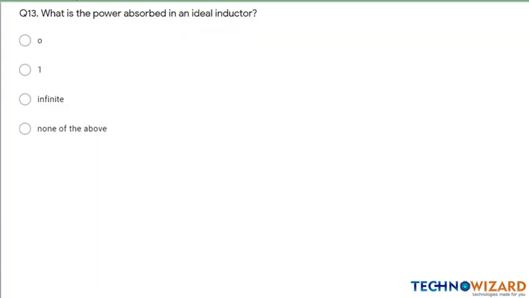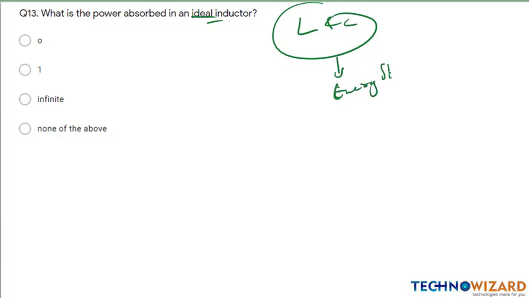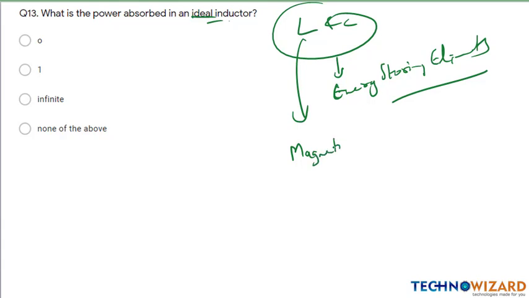Next question. What is the power absorbed in an ideal inductor? Always remember that inductor and capacitor both are energy storing elements. Inductor stores energy in the form of magnetic field, and capacitor stores energy in the form of electric field.